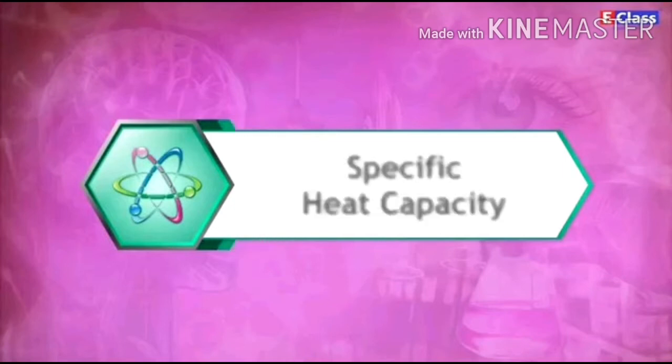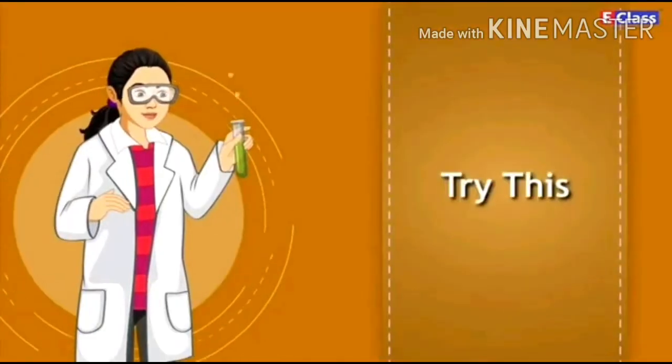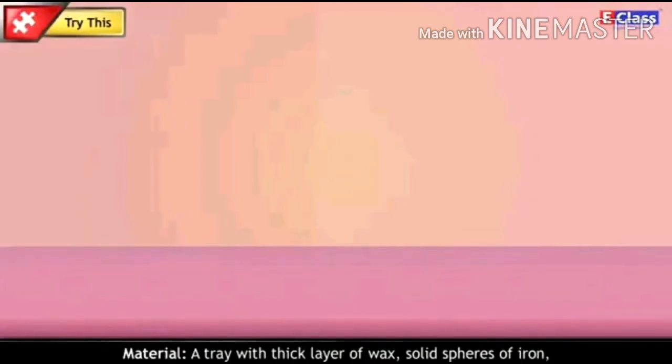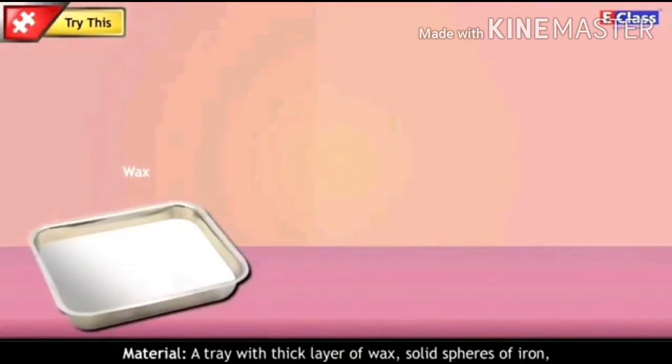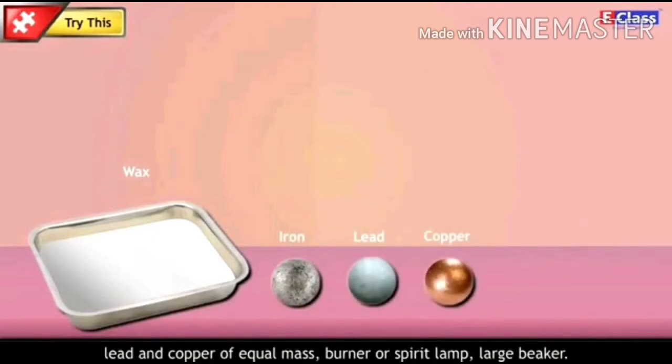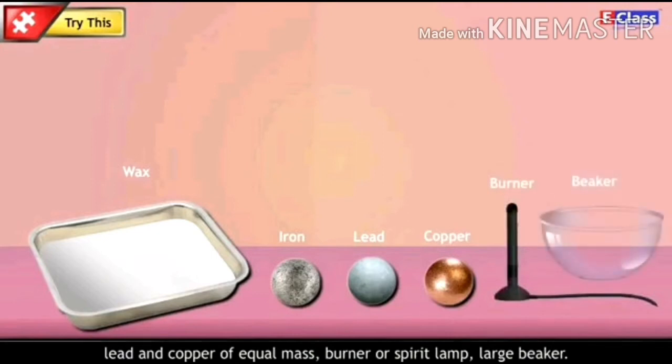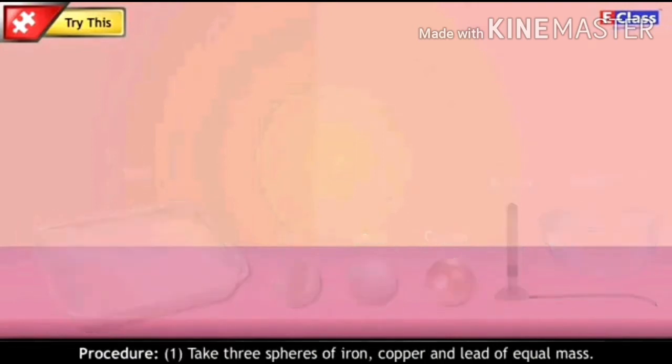Now let us understand the property of specific heat capacity. For this, let us perform a simple experiment. Materials: a tray with a thick layer of wax, solid spheres of iron, lead and copper of equal mass, burner or spirit lamp, large beaker.